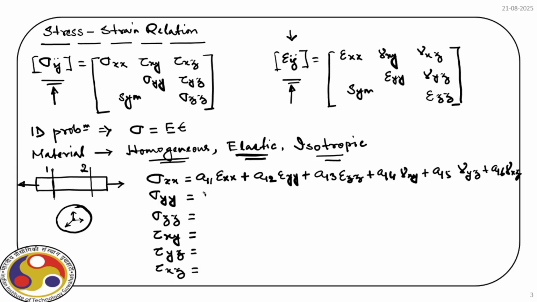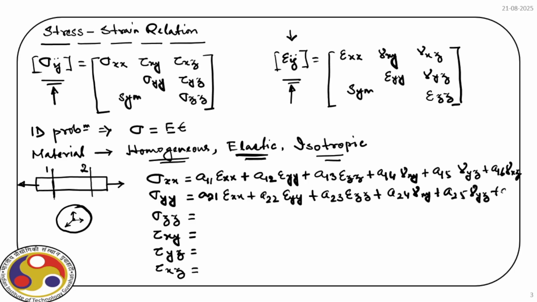So here we'll have A21 epsilon xx plus A22 epsilon yy plus A23 epsilon zz plus A24 gamma xy plus A25 gamma yz plus A26 gamma xz.